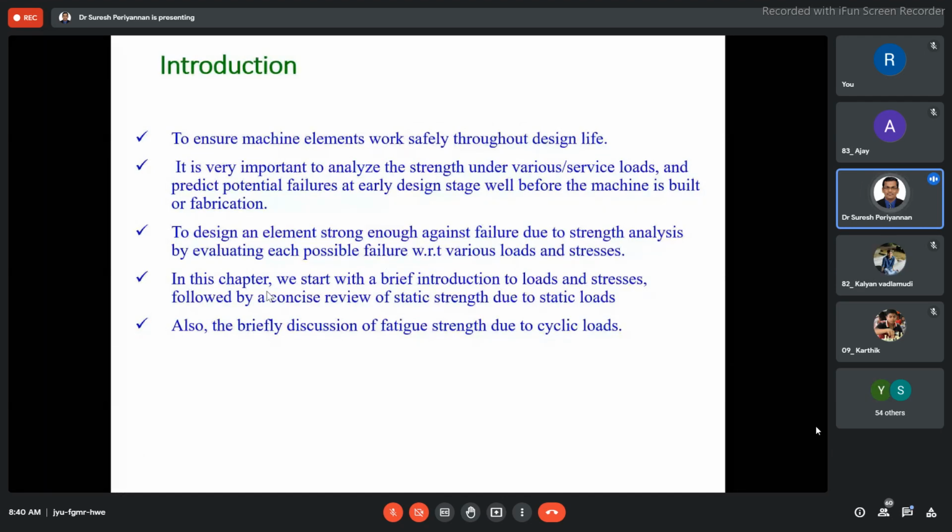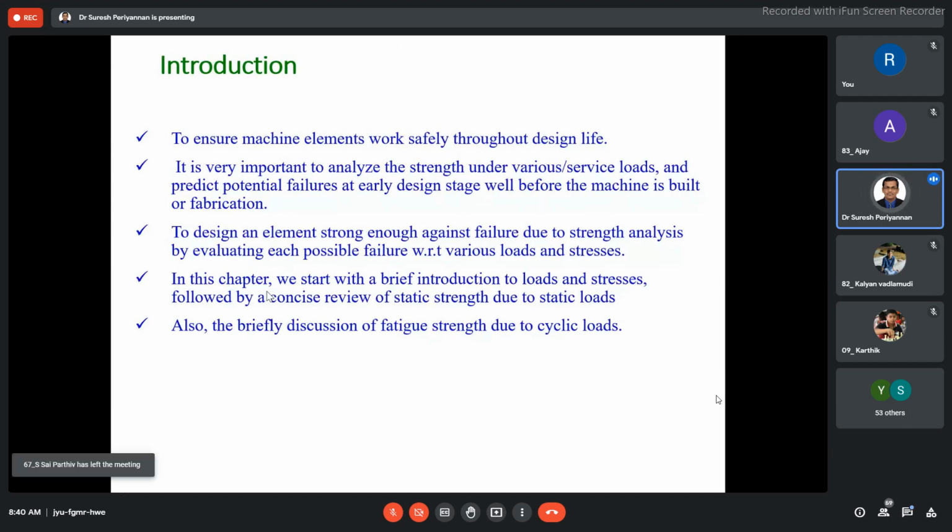Now we are going to discuss a brief introduction about loads, types of loads, and the corresponding stresses involved in the component when it is functioning. Especially, we are going to give more attention to static loads in this chapter.